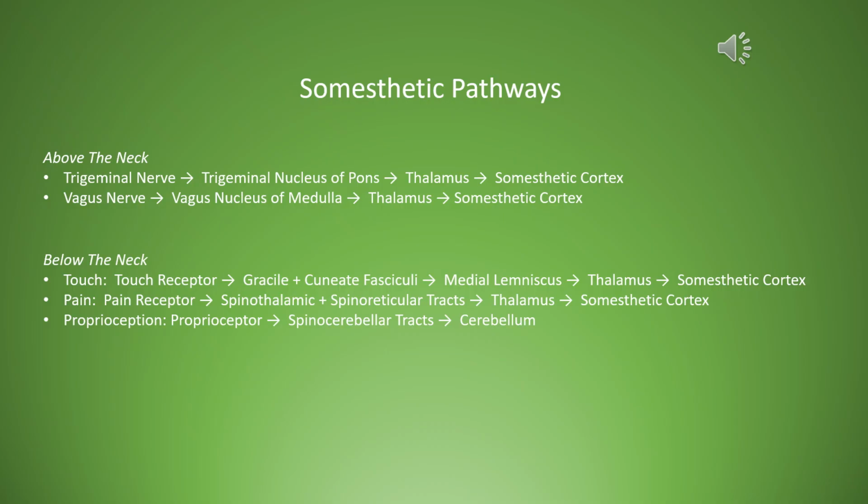So our little pathway here then would be from those free nerve endings to the trigeminal nucleus of the pons. That's the first order neuron. From the pons to the thalamus, that's the second neuron. From the thalamus to the somesthetic cortex. So it's a 3-neuron pathway.